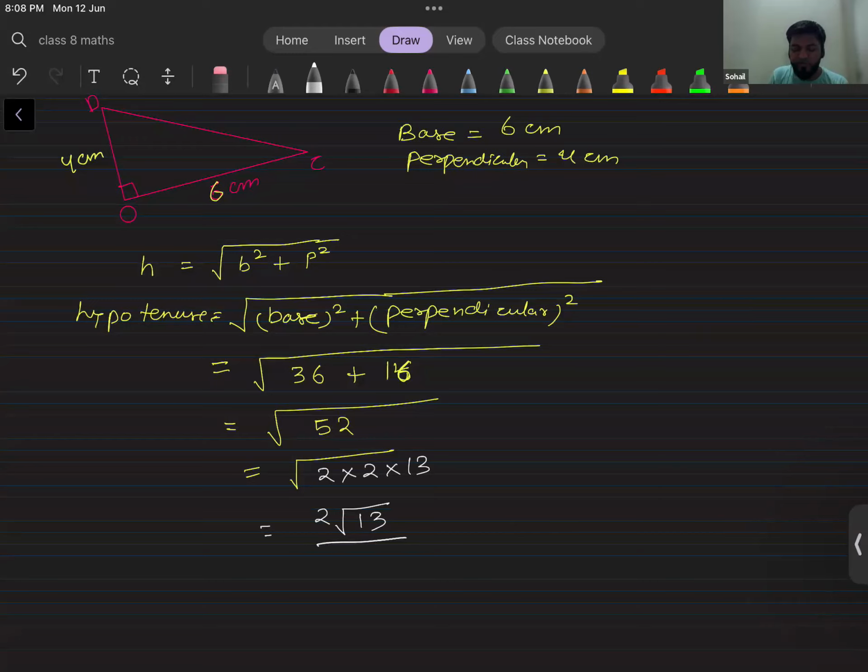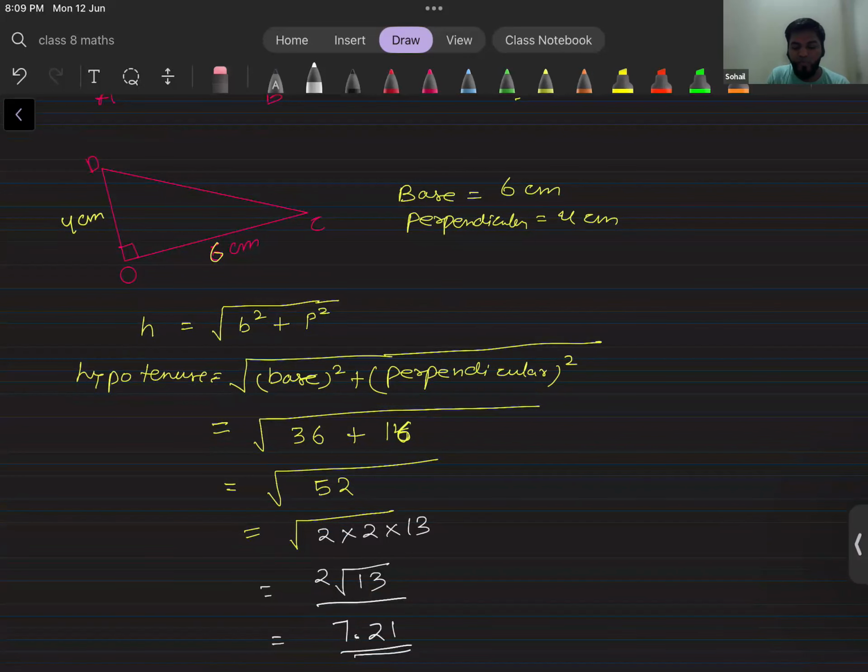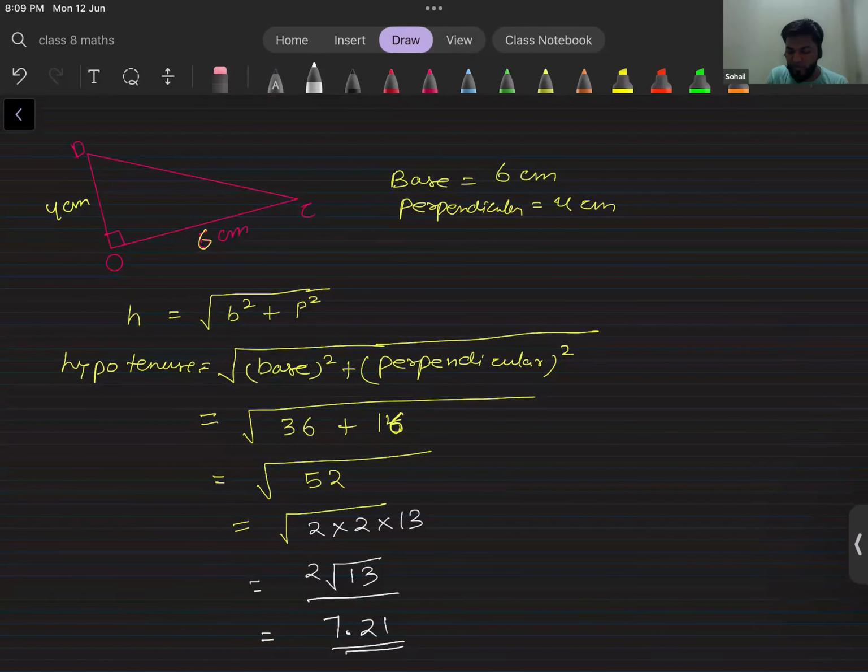So it can be written like this, or you can find out the decimal value. Arhan, what was the value you got? It was 7.21. That is in fact correct. Ahmed, you got this one? Yes, sir. Any confusion, feel free to ask. I'm here to explain.